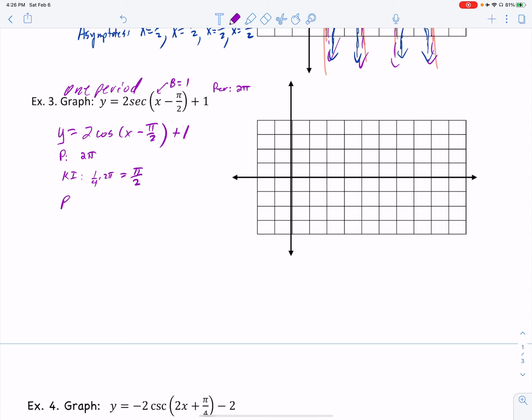And then my phase shift is going to be going to the right pi halves. And so the key increment and the phase shift already agree with the denominator, so we're going to go ahead and just grid this out by pi halves.